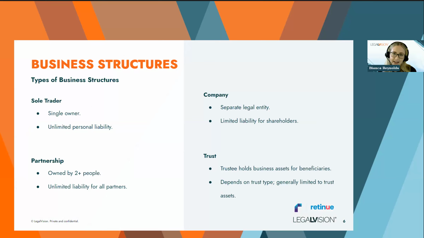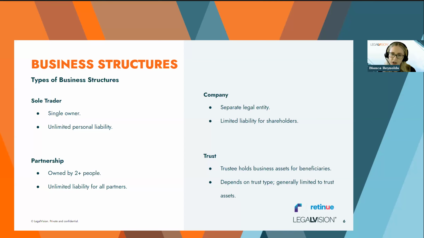So in Australia, the most common business structures for startups and small businesses are sole traders, so a single business owner and operator that owns the business, partnership, where the business is jointly owned by two or more partners, so that can be individuals or companies, trusts, a company, which is a separate legal entity that has shareholders who are the owners of the company, and then directors who control and manage the business owned by the company.